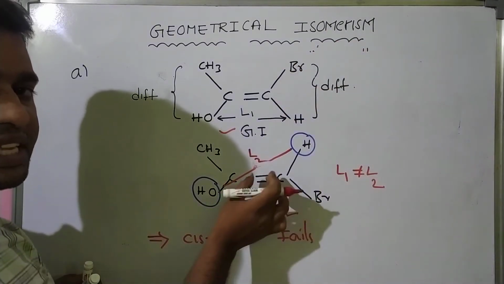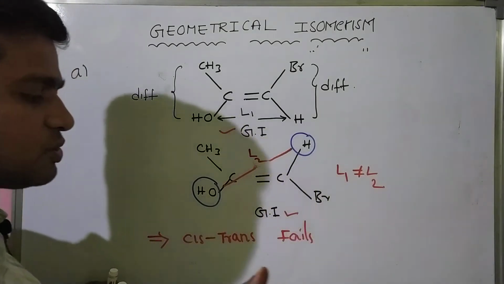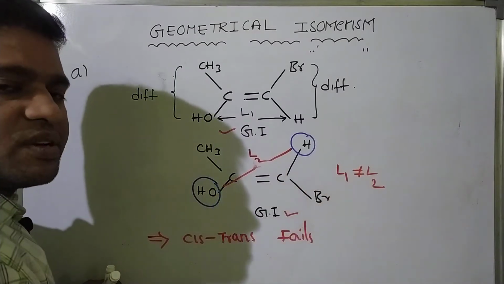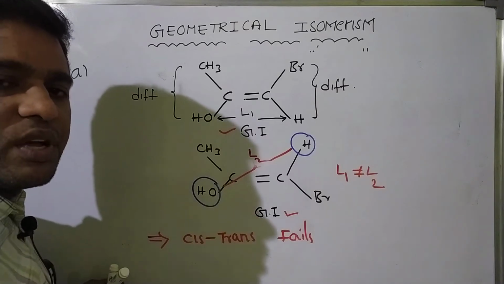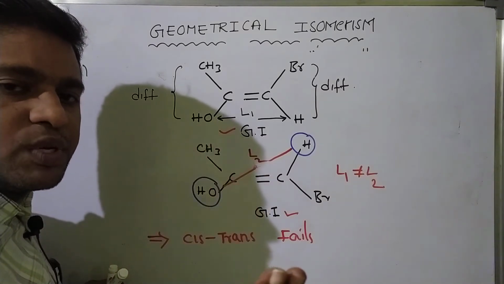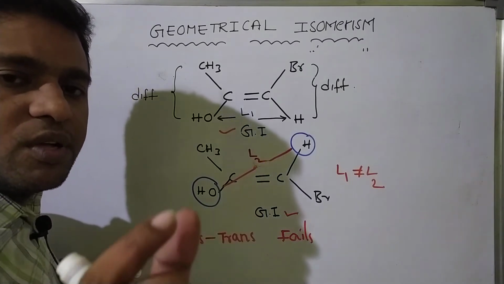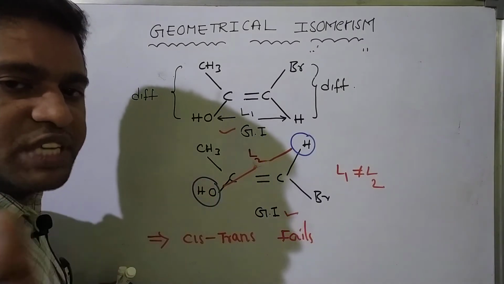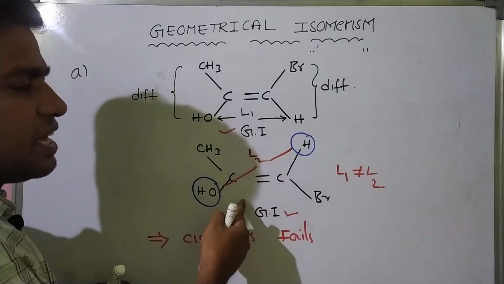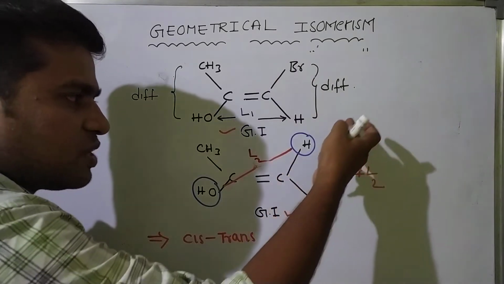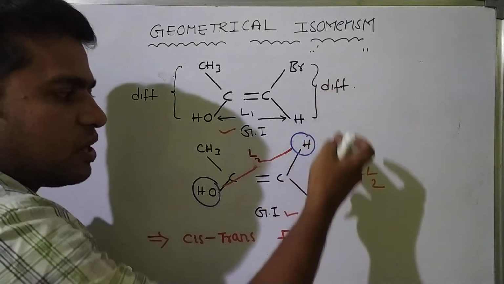I think you understand well. What is called cis? If two equal groups are present on one side with respect to the carbon-carbon double bond, then that geometrical isomer is cis. Otherwise trans. But in this case, these two compounds will exhibit geometrical isomerism according to rule 1 and rule 2.